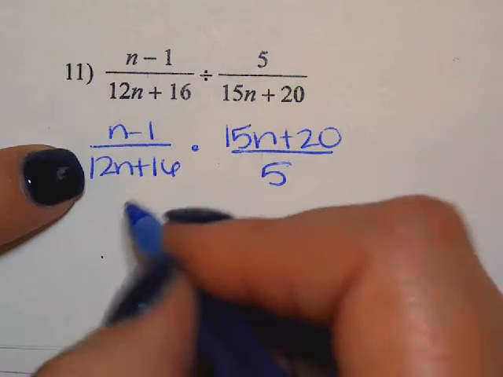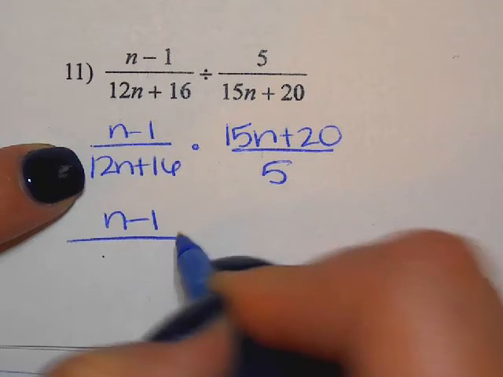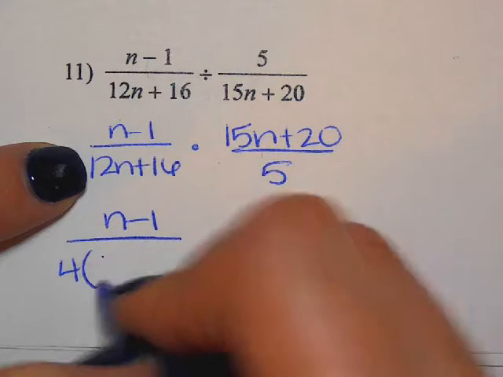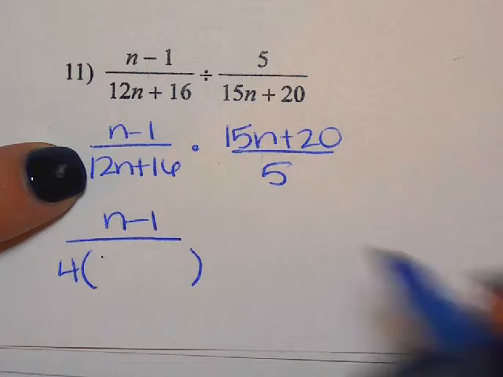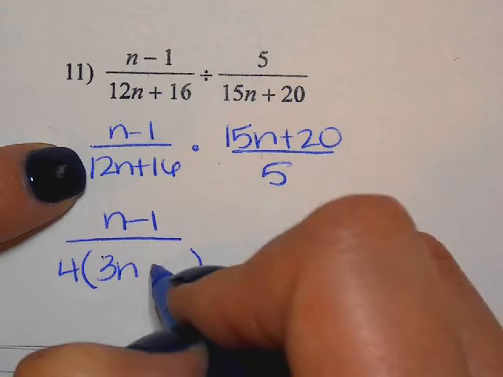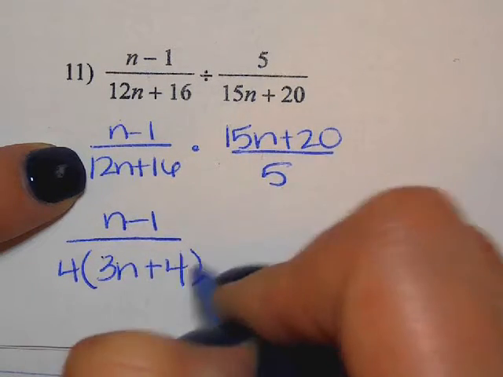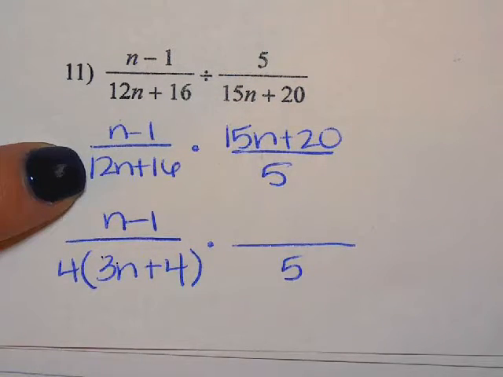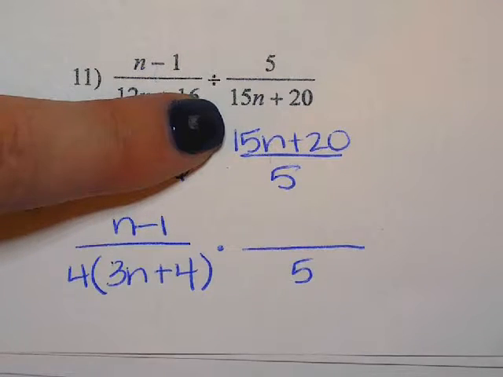So n minus 1 is factored already, that's just like by itself. What's the GCF for the bottom? 4. And then what does that leave you with? Okay. And then what's the GCF over here for the top?